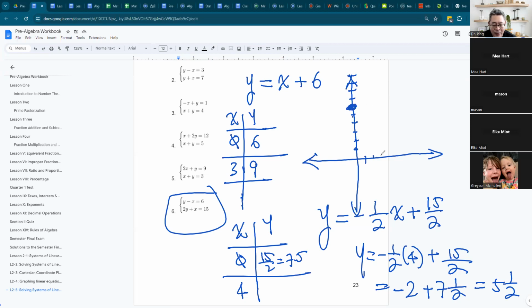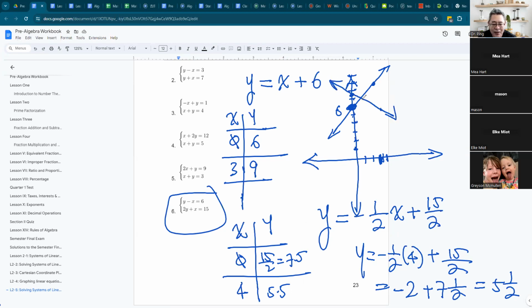And 3, 1, 2, 3, we got 6, 9. So 6, 7, 8, 9. So somewhere here. So we got a line going like that. And then here we got 0, 7.5. 7.5 will be here. And we got 4. 4 is here. 5.5. 1, 2, 3, 4, 5. 5.5 will be here. So that line goes there.